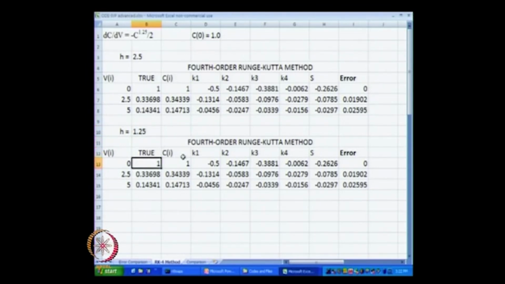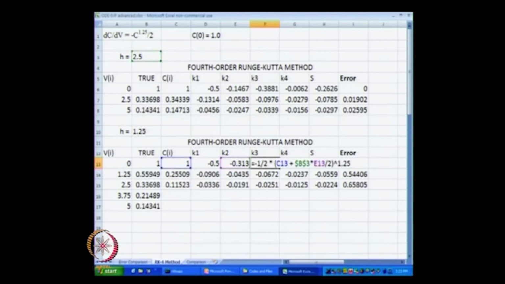Of course, this has not changed because we have included dollar signs here. So I will just drag this, and that is really the beauty of Microsoft Excel, it is very easy to solve relatively easier problems like this. K1 is F computed at Ci, K2 requires H, so I will go here and drag it down.